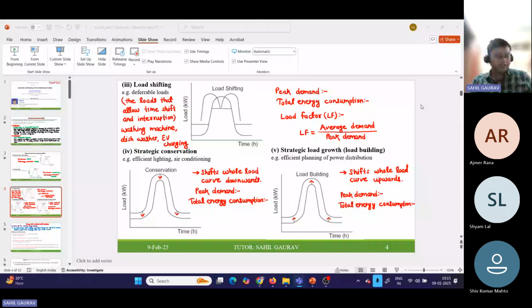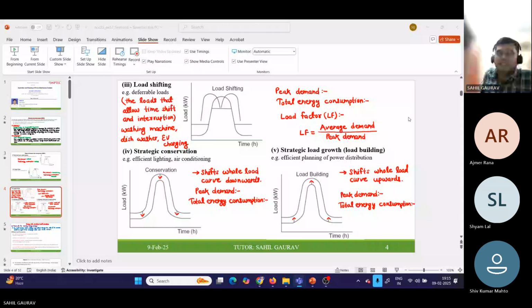In a hospital we have medical uses, so you cannot interrupt the loads that are provided to the hospitals. Which loads are required all day supply, that do not allow time shift or interruption. If you said AC and cooler and fan, you can live without these things also. They are not compulsory type of loads.